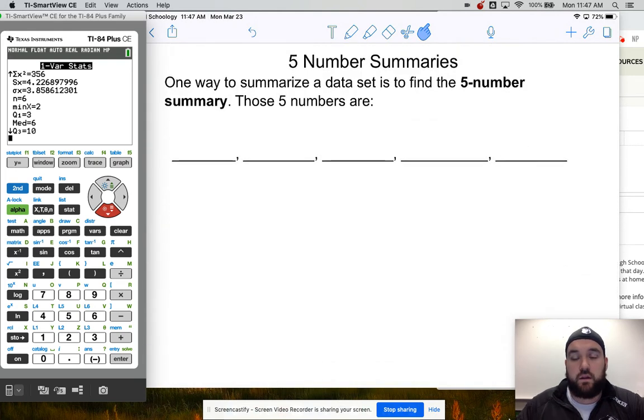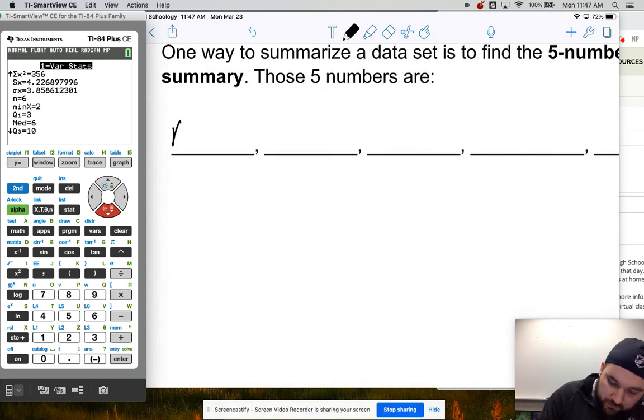And from that, we can talk about what's called a 5-number summary. What a 5-number summary is, it's basically just that. It is a set of 5 numbers that describes the data set. And the 5 numbers are the minimum. So I'll write these out once.